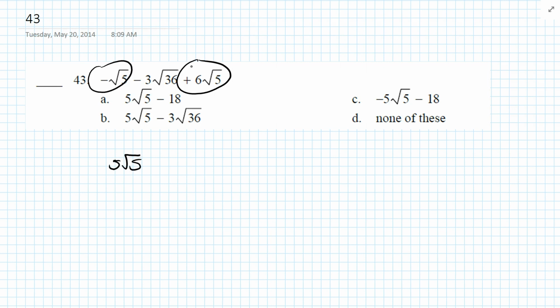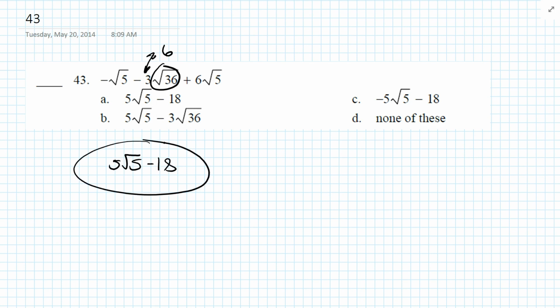And again, they're trying to trick us. What's the square root of 36? 6. So what's 6 times negative 3? Negative 18. So the answer is 5 radical 5 minus 18. A. Trying to be tricky again. Know what the square root of 36 is.